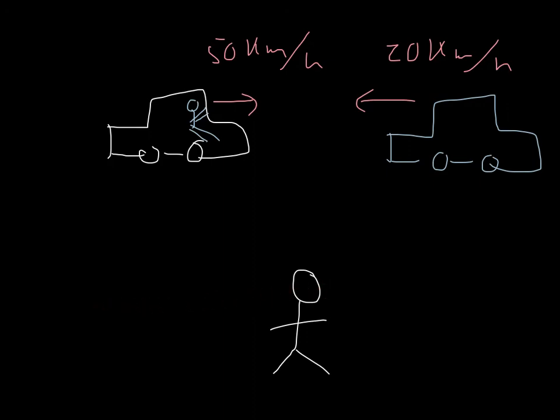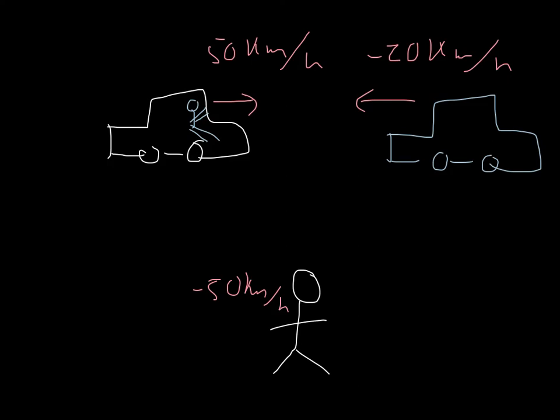So this should be minus 50 kilometers per hour according to this guy. So that's the relative velocity of this guy according to this guy. Now this one, of course, was minus 20, not 20. So what's the relative velocity of this car according to this car? Pause the video and give me an answer.